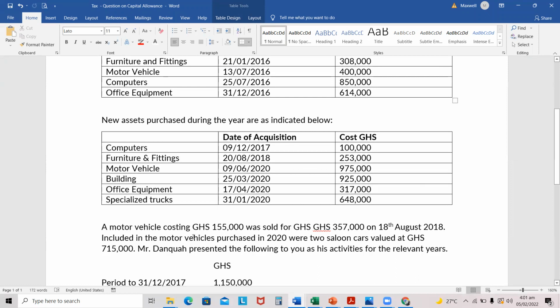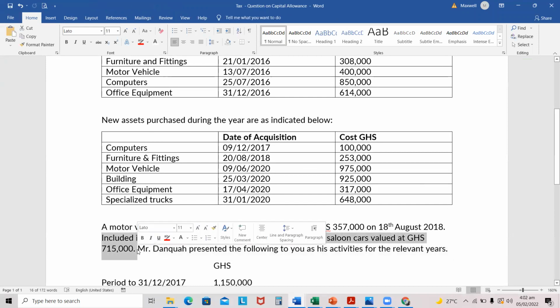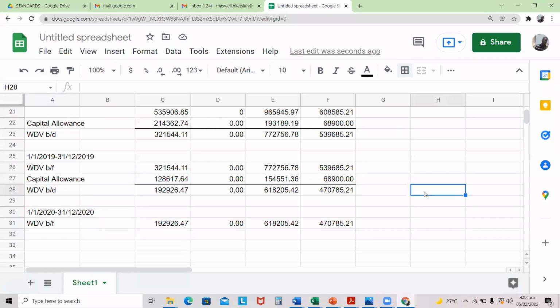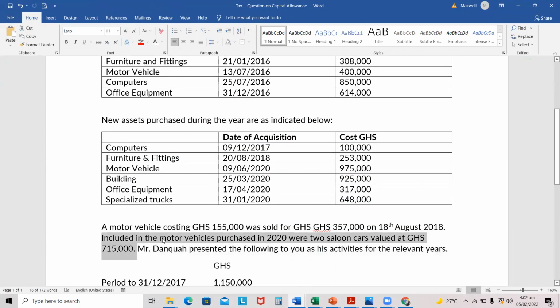Okay, so let's deal with this. So the Act says that for a non-commercial vehicle, the limit for capital allowance purposes should be 75,000. And a saloon car is a non-commercial vehicle.